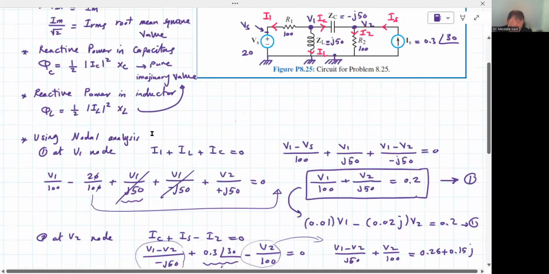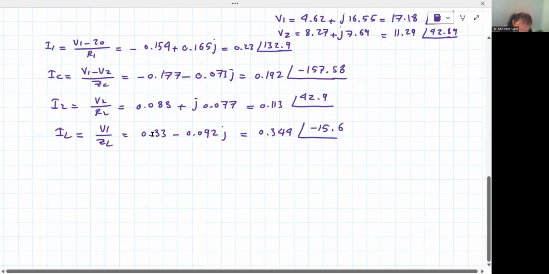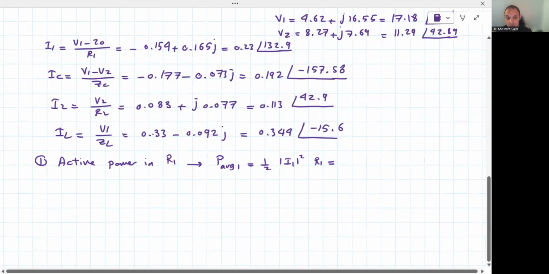Okay, so let's get number one, the active power in R1, which we can call P average 1. It's equal to half I1 amplitude squared times R1.